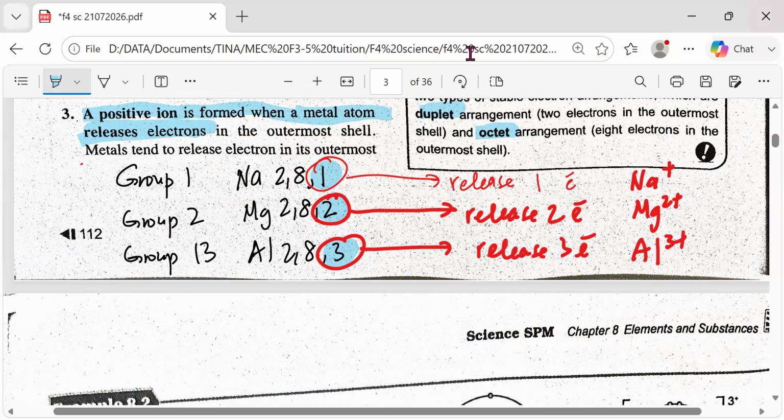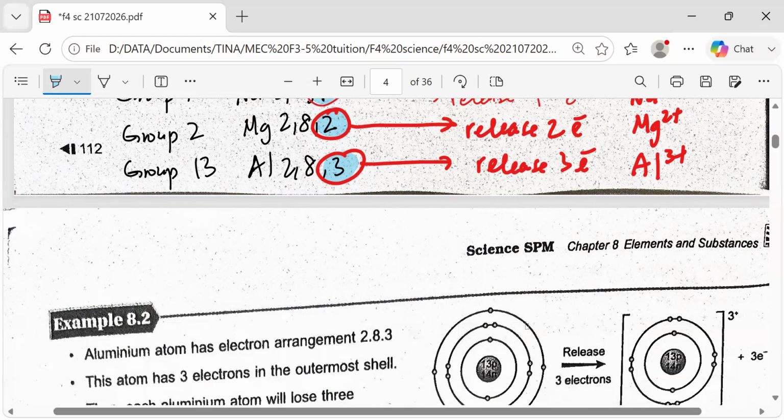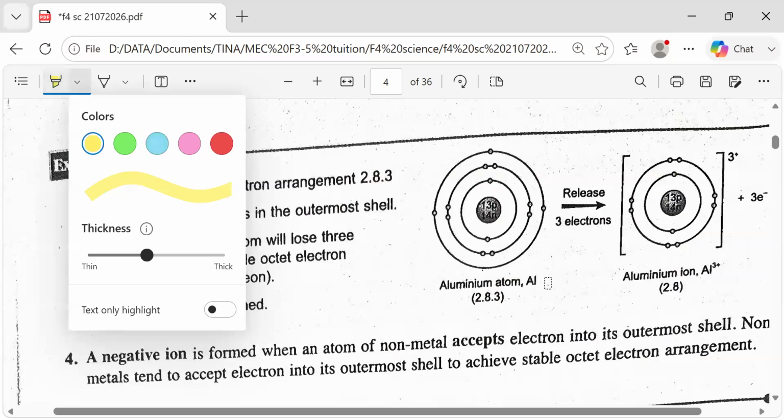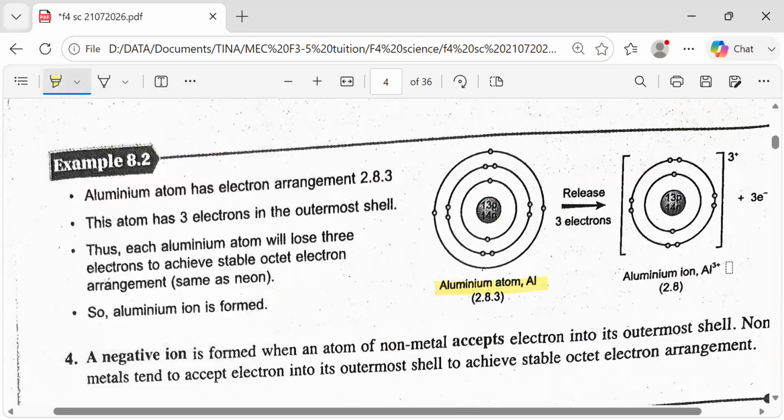Get it? Okay. So then, aluminium atom releases 3 to become aluminium ion, 3 plus, like that.